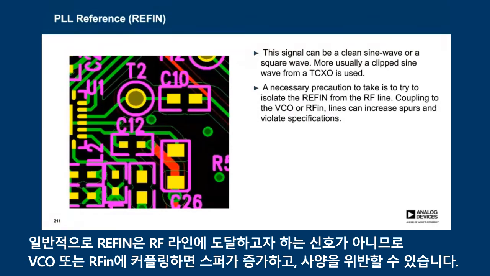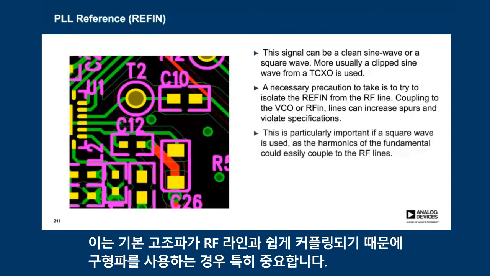Generally speaking, the ref-in is not a desired signal to get onto the RF line. So coupling to the VCO or the RF-in can increase spurs and violate specifications. And this is particularly important if a square wave is used, as the harmonics of the fundamental could easily couple to the RF lines.